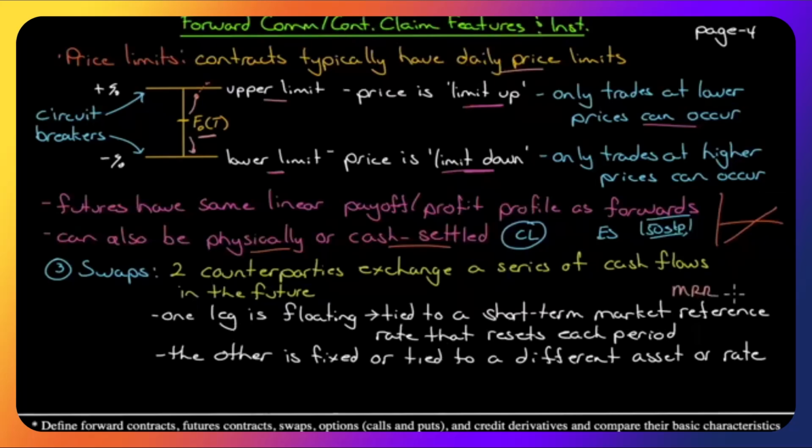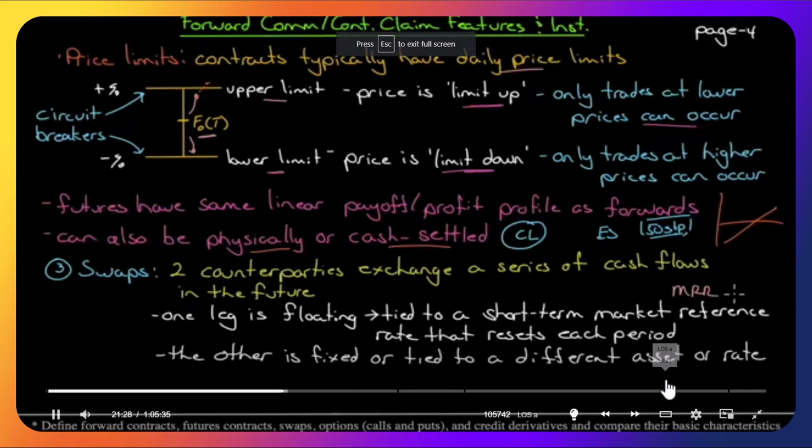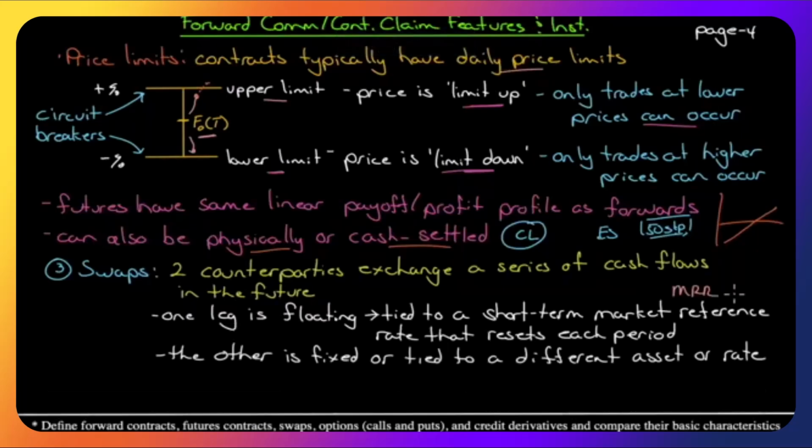It's a nice way to say whatever the reference rate is in your country, because LIBOR is gone, so we don't use LIBOR anymore. Every country has their own short-term bank rate or interbank rate. In the U.S., it's the secured overnight funding rate. The MRR is the SOFR, but MRR just means that it's some reference rate that is market determined that sets the floating rate.